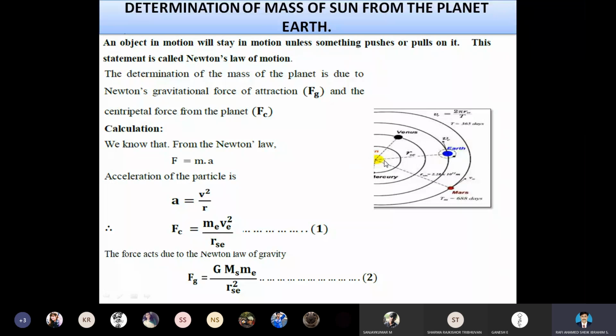But from Newton's universal law, the r value is to be added with the sun's radius. That's why we are using the term r square.